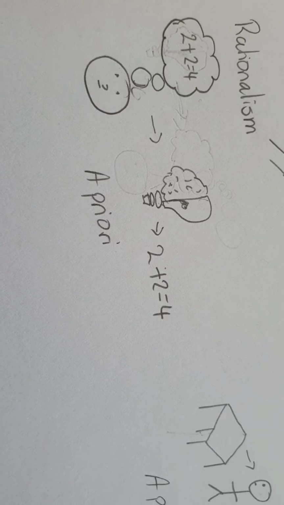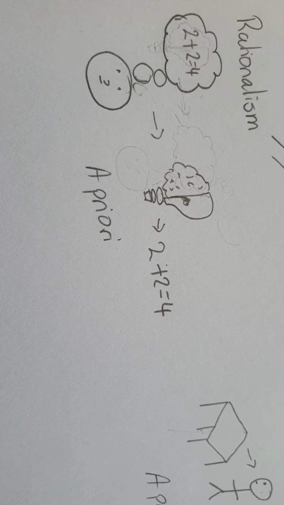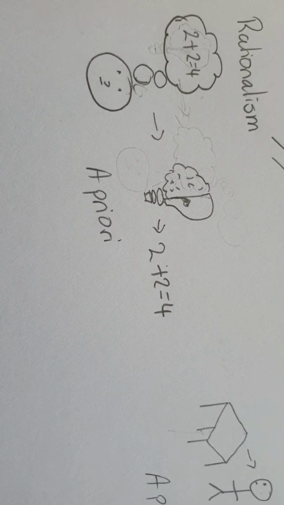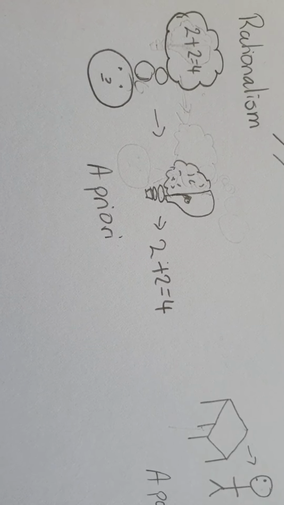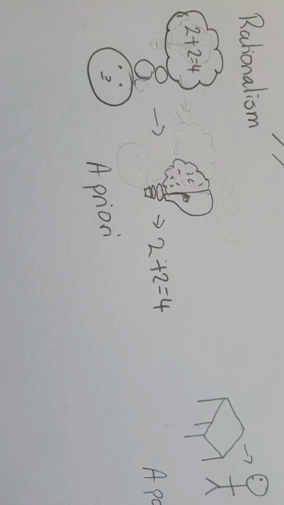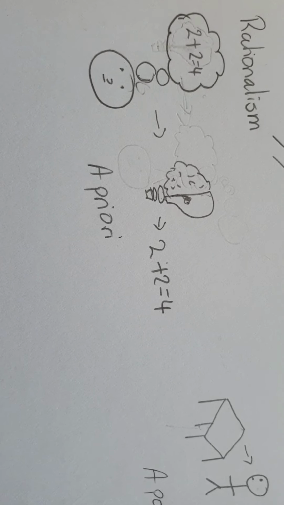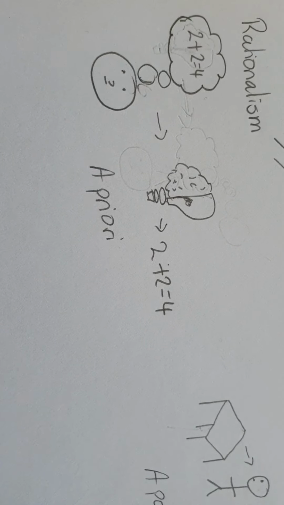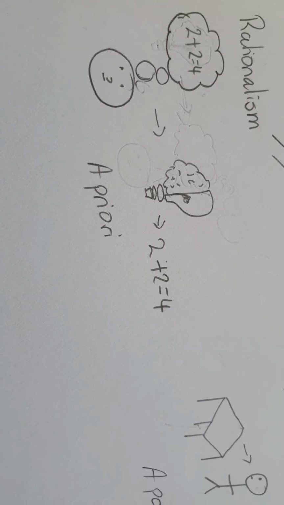Okay, so for rationalists, the majority of them anyway, they would consider that knowledge comes a priori. So that means prior to experience. Prior just meaning before, so a priori, before experience. I don't have to go out into the world and see that 2 + 2 = 4 by picking up 2 objects and then another 2 objects and counting them up.